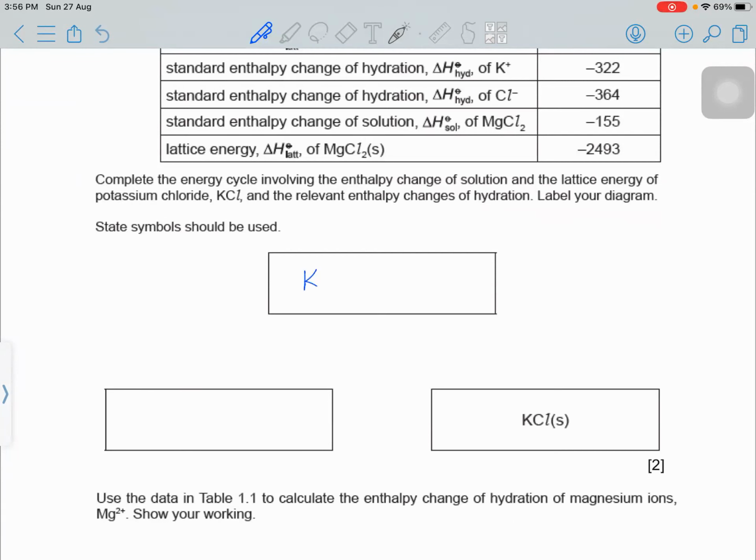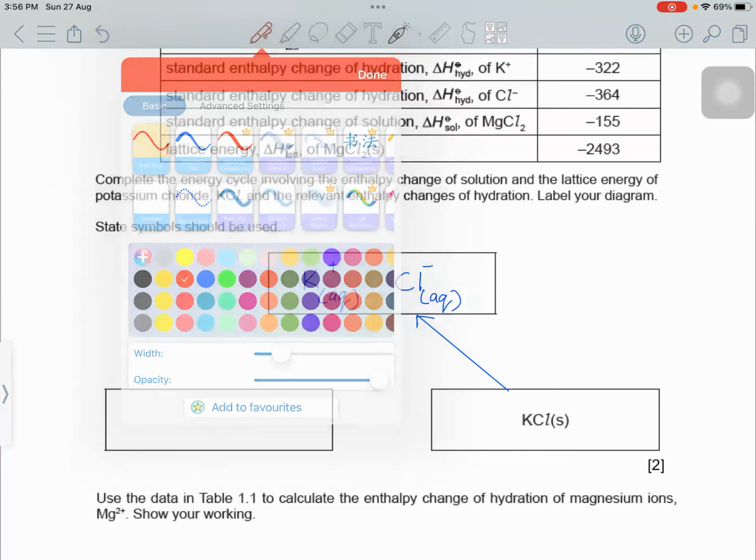So first convert into potassium aqueous, Cl negative aqueous. This is called delta H solution.